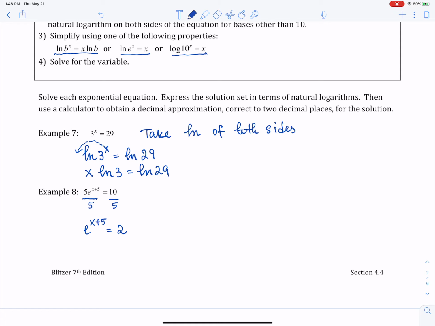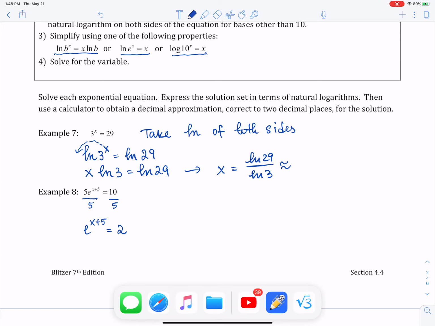And then this ln of 3 is a number. If that was a problem, let's say 2x is equal to 3, to solve for x you divide by 2 on both sides and you're done. So this ln of 3 is just a number. We're going to divide by ln of 3 on both sides of this equation, and that will be x is equal to ln of 29 divided by ln of 3. Of course, we're going to calculate this.